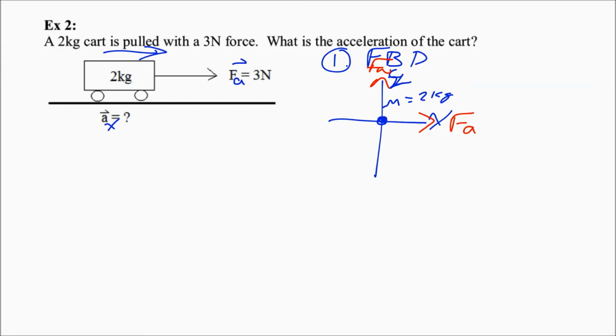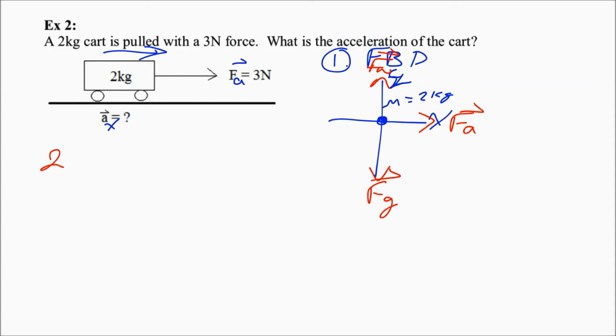And I don't see anything else touching the cart, so that means we can move on to field forces, and the only field force is going to be gravity pulling down on the cart. Alright, so we did step 1, we've drawn our free body diagram.